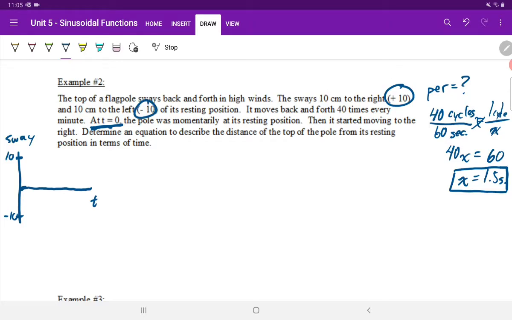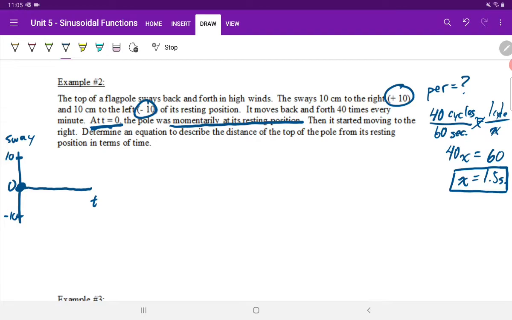So I'm just tracking the sway here, and it's going to be repetitive motion. It's going to sway one way, come back the other, and keep repeating. At t equals 0, the pole was momentarily at its resting position. So this is actually starting right on the equation of axis. It's at its resting position of 0. That's its normal resting position without any sway.